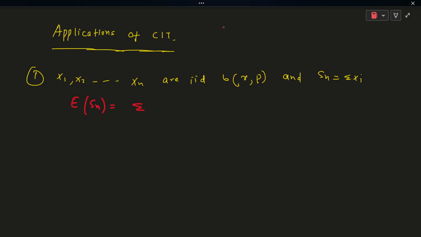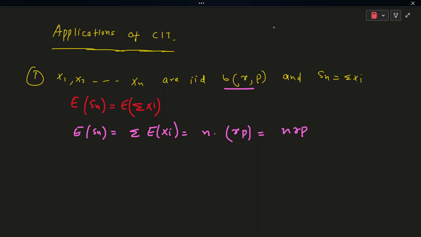That is the summation of expectation of Xi, which is n times the expectation of this, which is Rp. So this is simply nRp. What is the variance of Sn? That is n into Rp(1 minus p), that's npq. So this is equal to nRp(1 minus p).